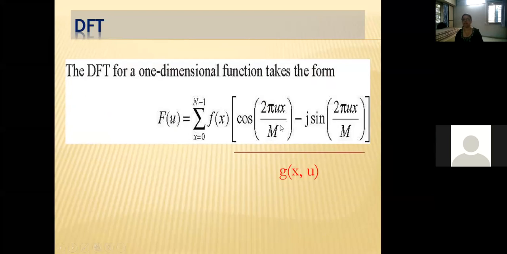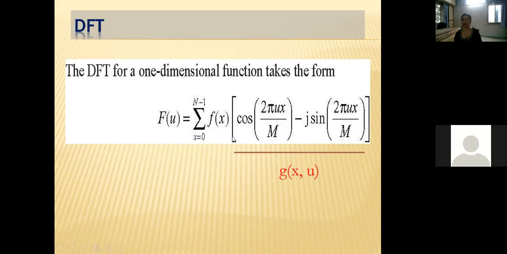If we consider the input vector size as m, this has to be m minus 1. This term cos theta minus j sine theta is nothing but e raised to minus j theta. So we can either write it in exponent format, or we can write it in cos and sine terms. This is the forward transformation kernel g(x,u) for the discrete Fourier transform.